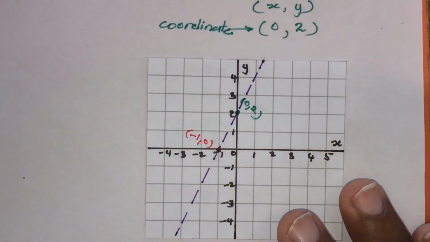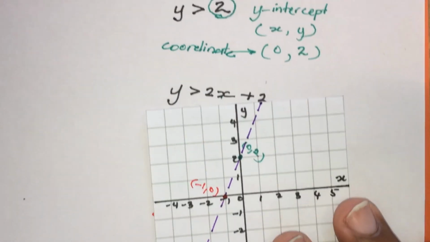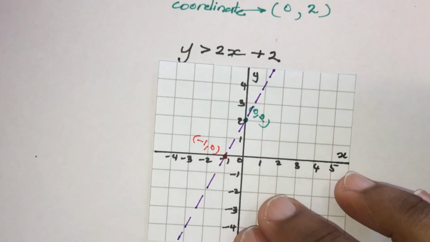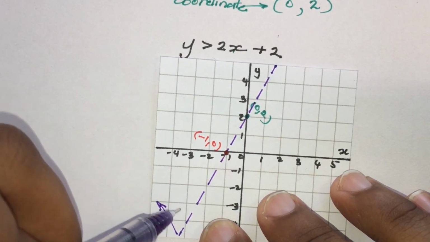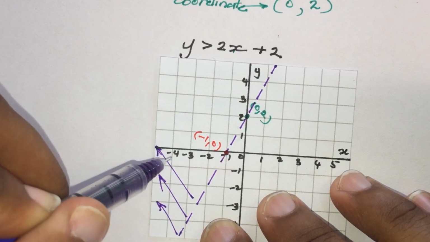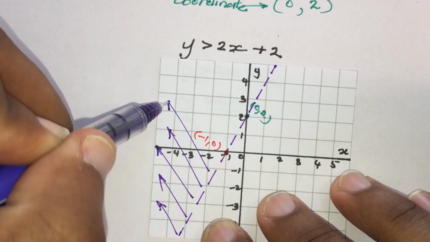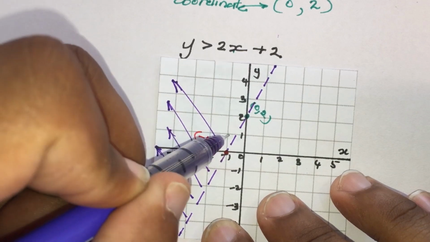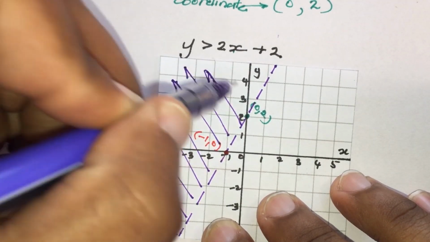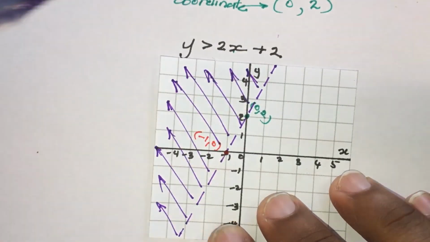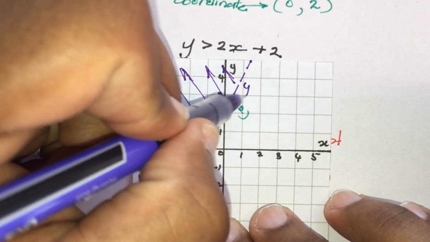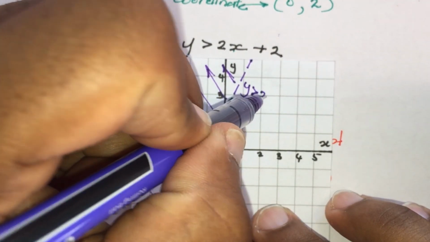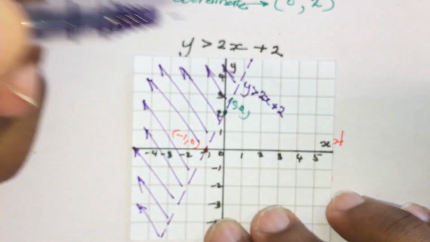Good. And if y is supposed to be greater than, as it says here, we need to shade above the graph. Good. So this graph represents y is greater than 2x plus 2.